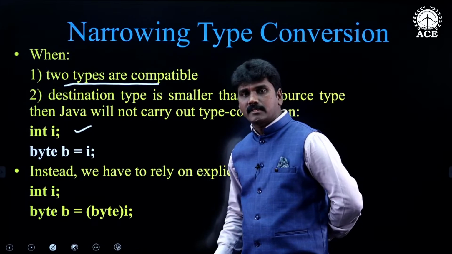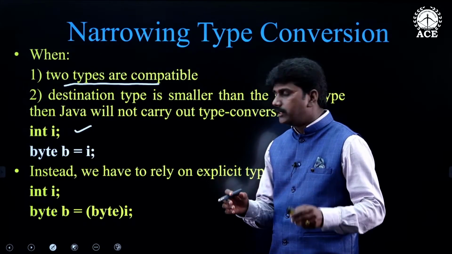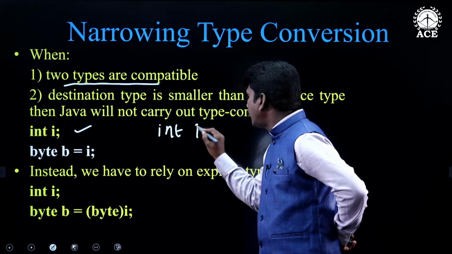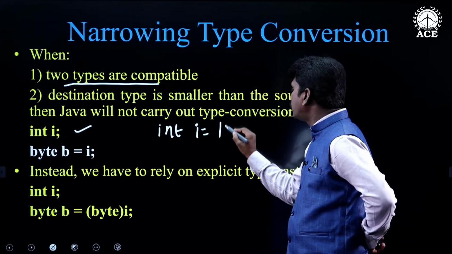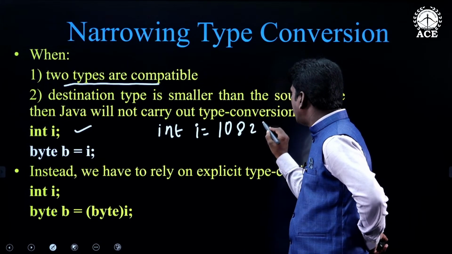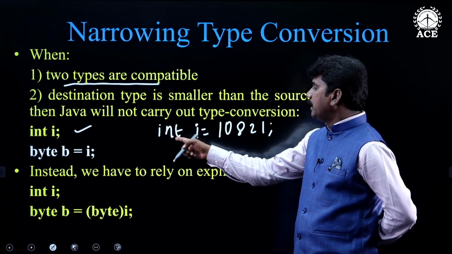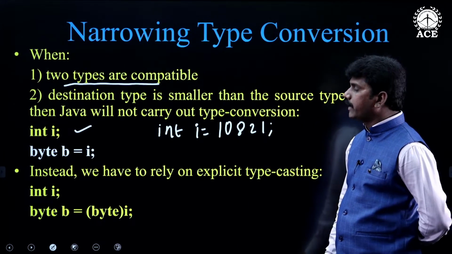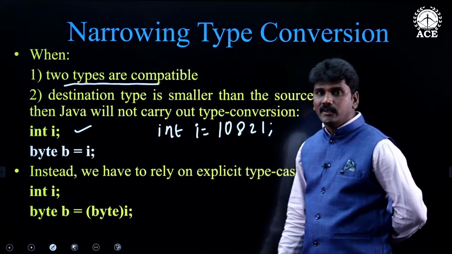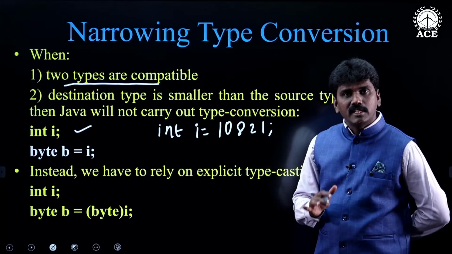Suppose int I contains very large values, for example int I is equal to 10,821. But whether this byte will hold that value or not? No. What is the range of byte?